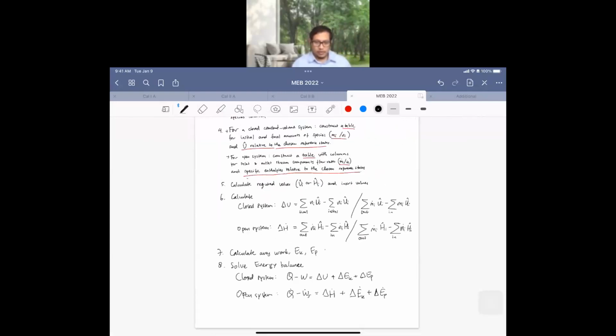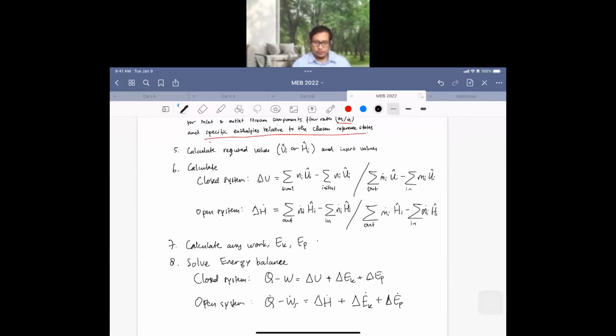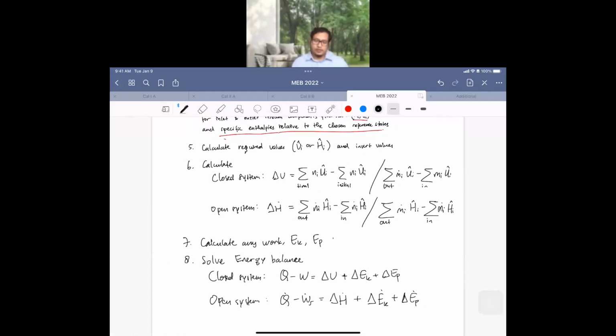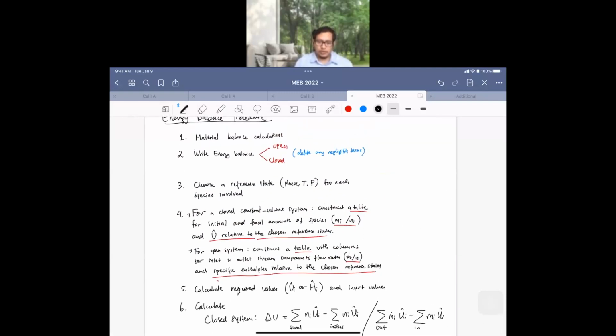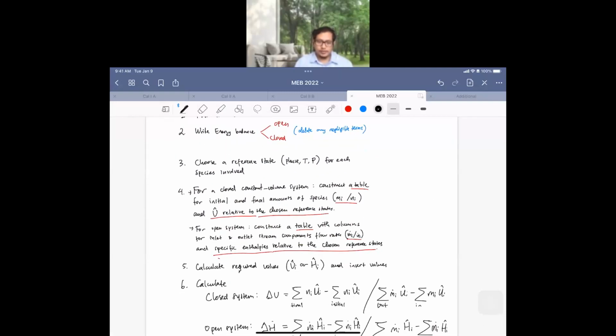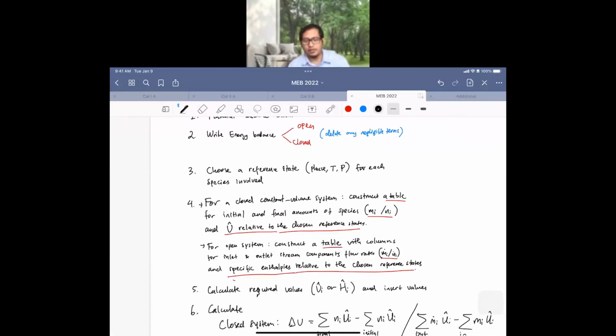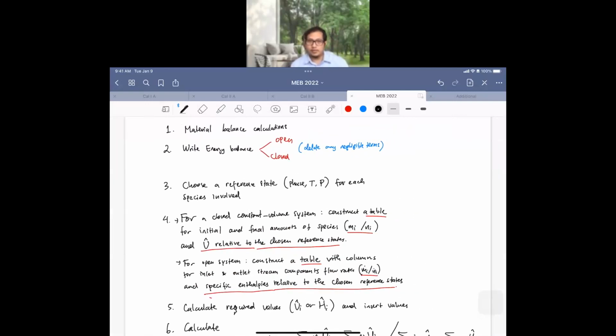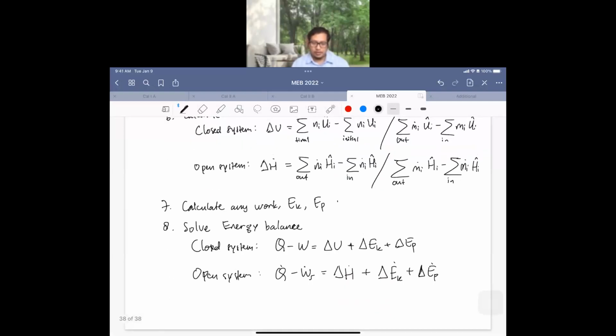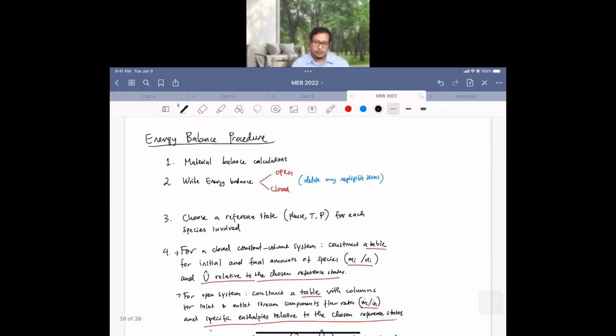Okay, this is more or less the procedure that we might need to follow. Basically, firstly, we need to evaluate the calculation for the mass balance, the material balance. Secondly, we need to write the energy balance, either open or closed. This is the equation that we might need to write, but you can skip number two for a while.